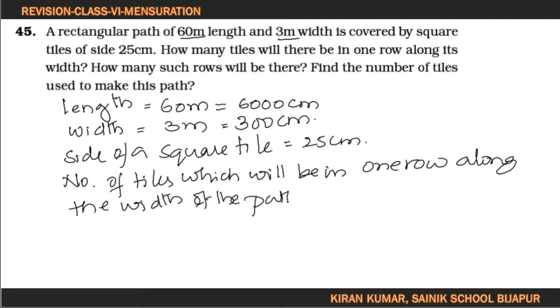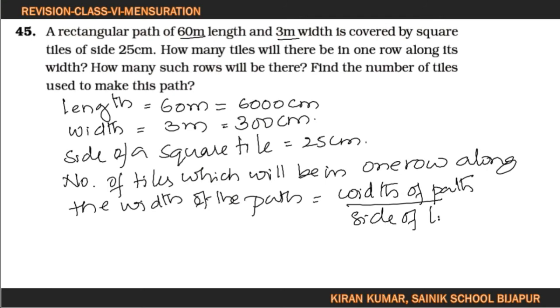It will be equal to width of the path divided by side of tile, which is 300 divided by 25, this will be equal to 12.